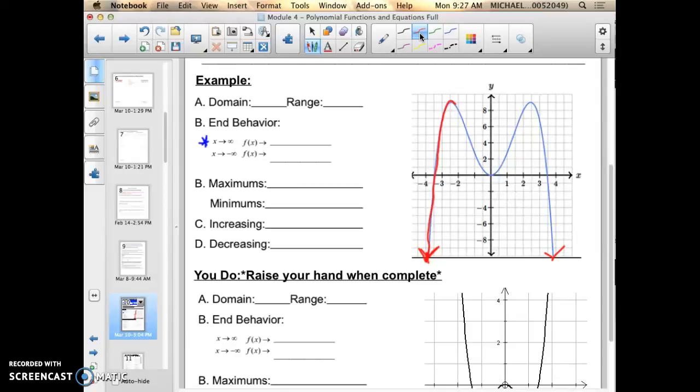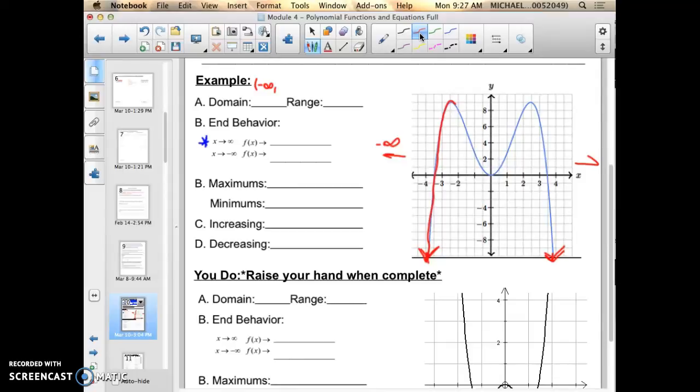To the left forever, if you remember, is all the way to negative infinity. So I'm going to write in interval notation, negative infinity is my leftmost point. Now, let's go to the right-hand side, because we read left to right. The right-hand side is the same situation. It's going down forever, and it's going to the right forever.